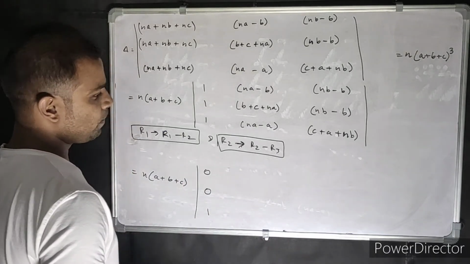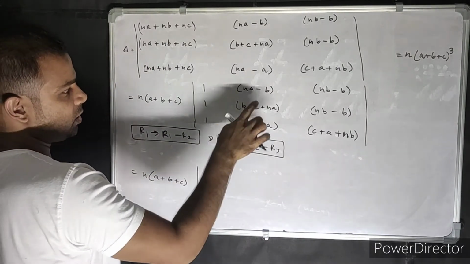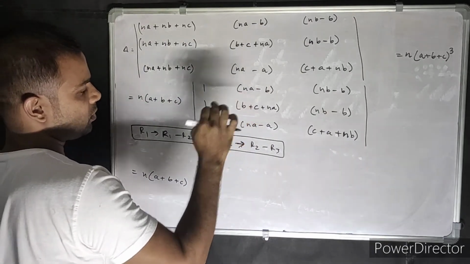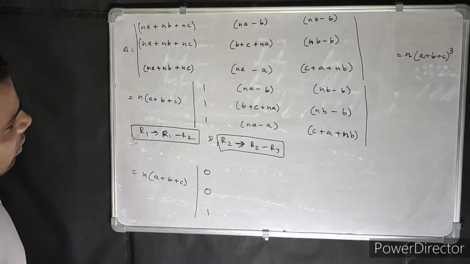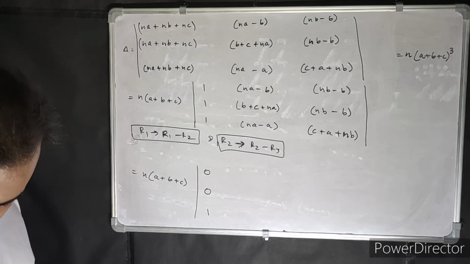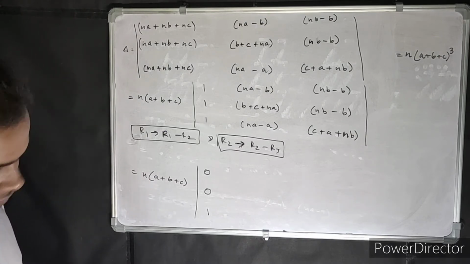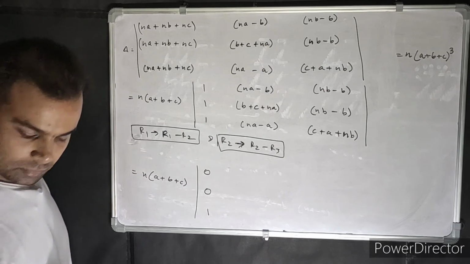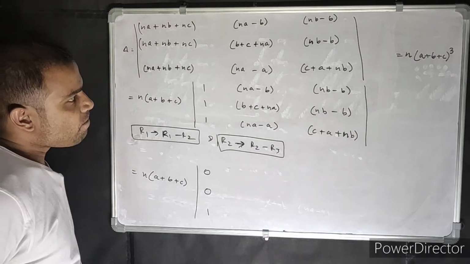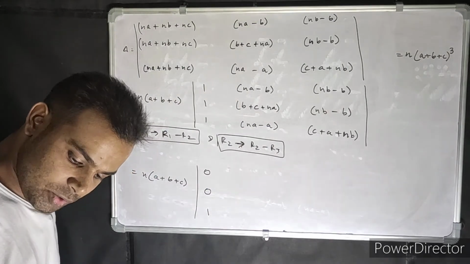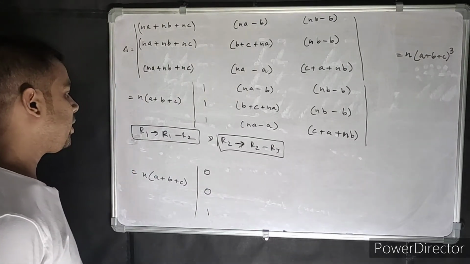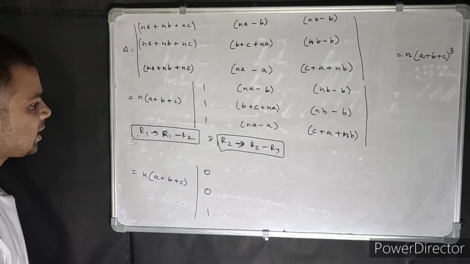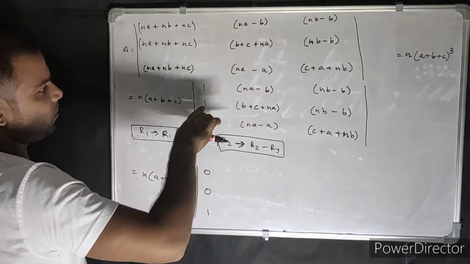Okay, now row 1 minus row 2, this. So what do we have? All correct. My copying should not go wrong, okay? That's fine. Now row 1 minus row 2. So let's see what's getting subtracted from here.